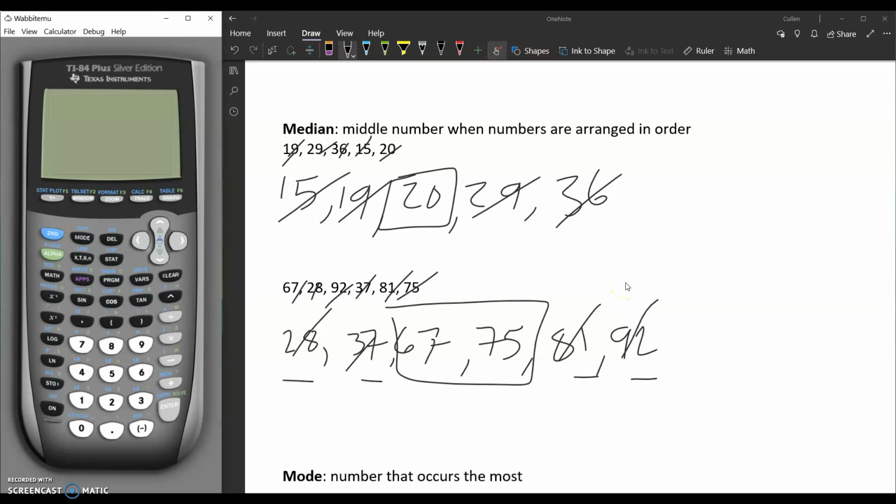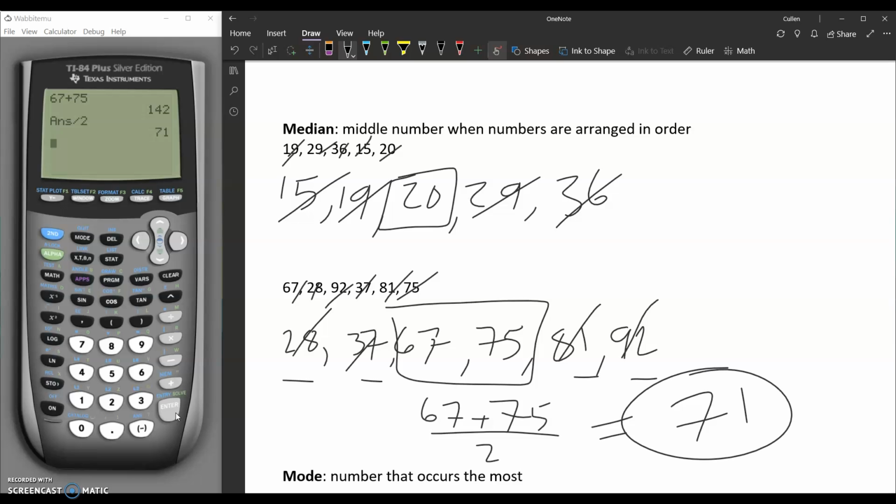To find the median, you average these 2 numbers together. You do 67 plus 75, and then divide that by 2, which is why I have my calculator over here. 67 plus 75, divided by 2. So our median now is 71. It's actually possible to have a median that's not a number in your set of data if you have an even number of numbers.